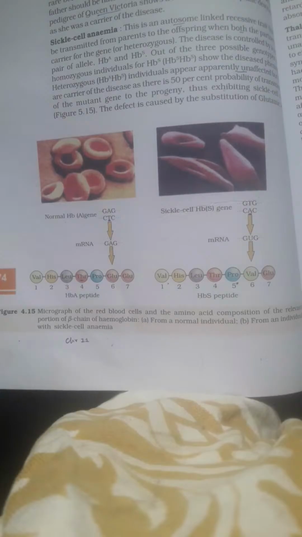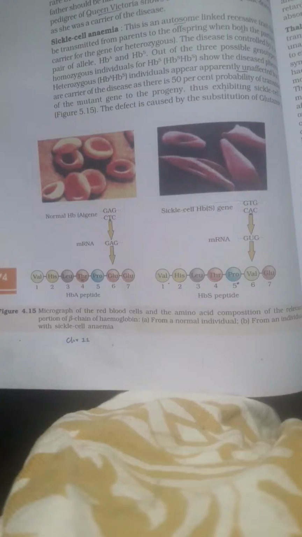I think it's 3 bonds, right? So 3 hydrogen bonds. So C pairs with G, T pairs with adenine, C pairs with G. So this becomes the GAG, which represents the glutamic acid. That is the HBA peptide, which is a normal peptide.